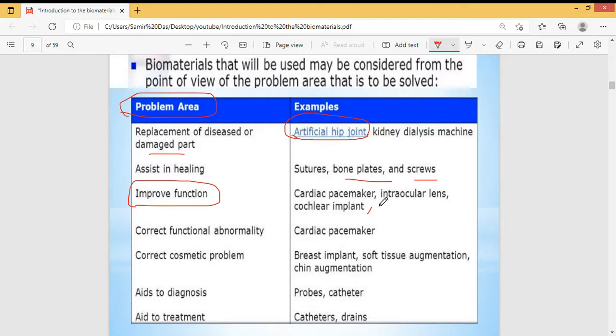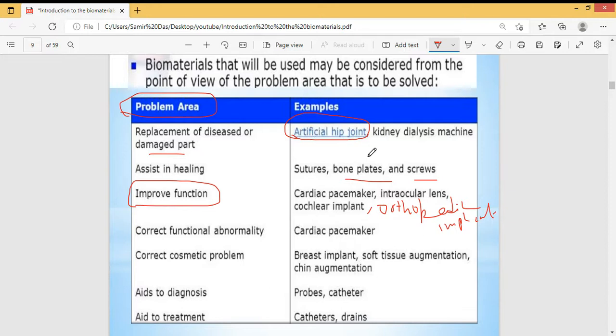So the biomaterials are orthopedic implants. Other implants: sometimes we may lose our eyes or hearing, so we use cochlear implants or intraocular lenses.